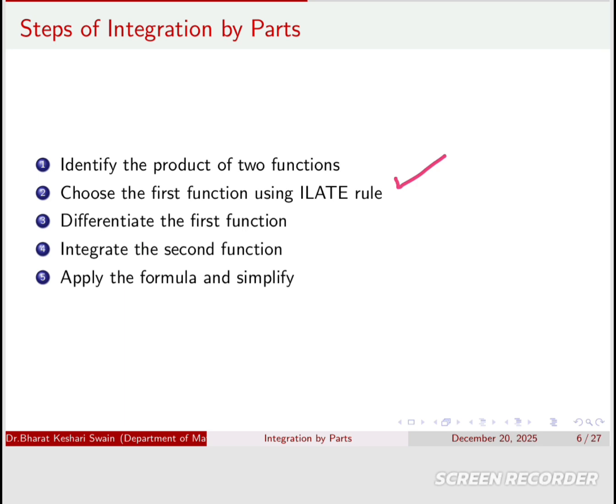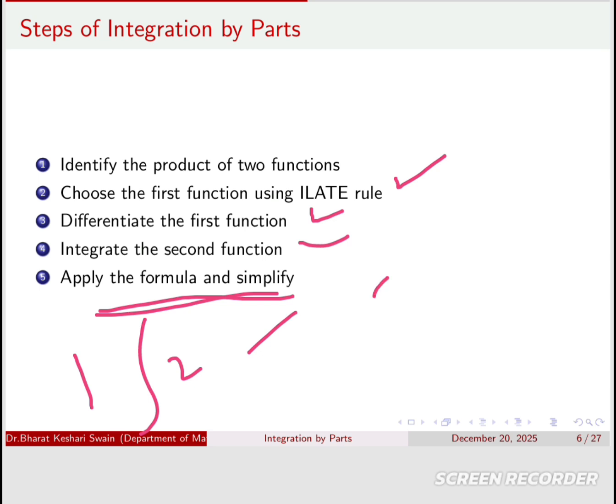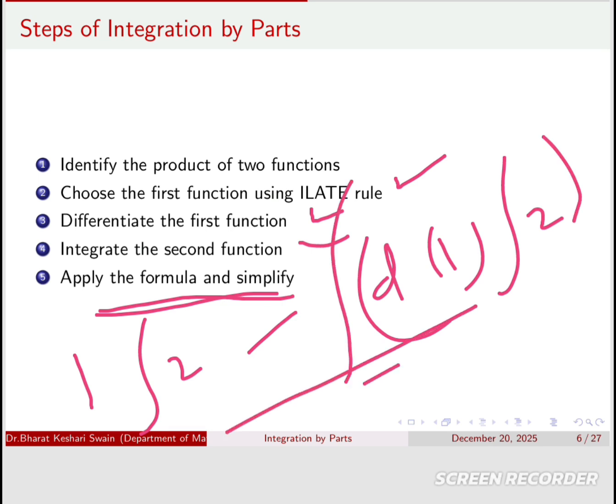Then differentiate the first function, integrate the second function, apply the formula and simplify. So what is the formula? First into integration of second minus the whole integration of derivative of first into integration of second. So this is the formula.